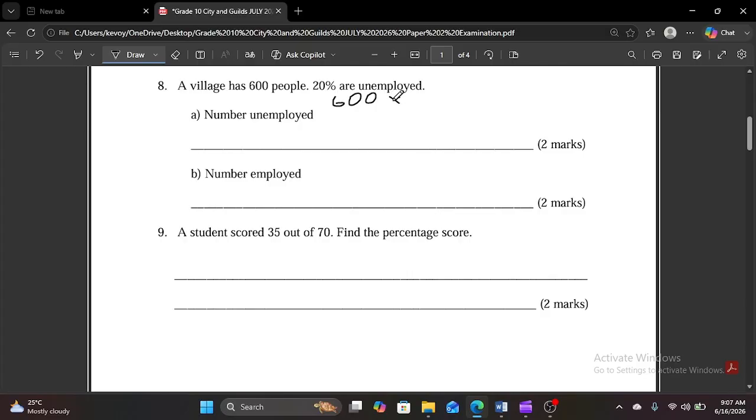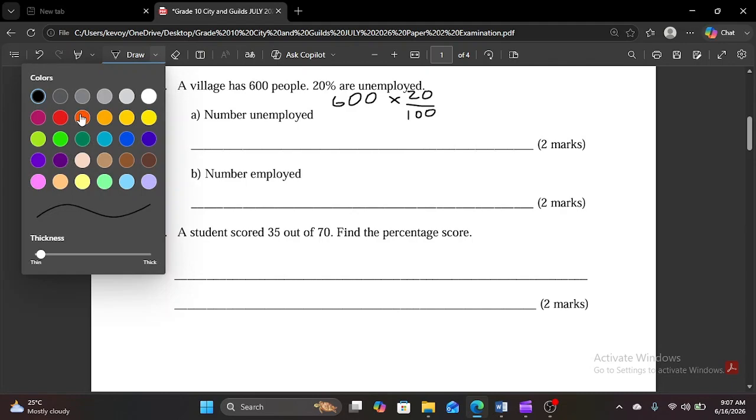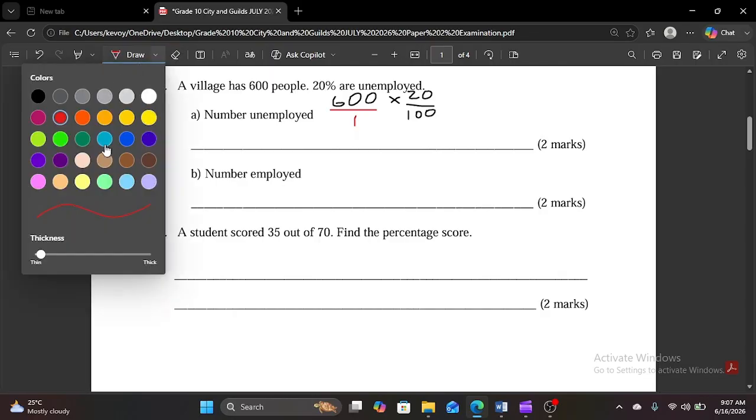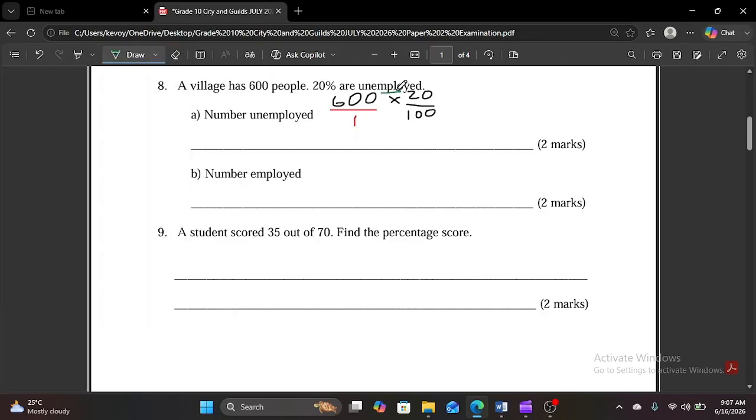So that's 600 times 20 over 100. We know that if we are multiplying a whole number by a fraction, put the whole number over 1, and then multiply your two fractions: numerator times numerator and denominator times denominator.